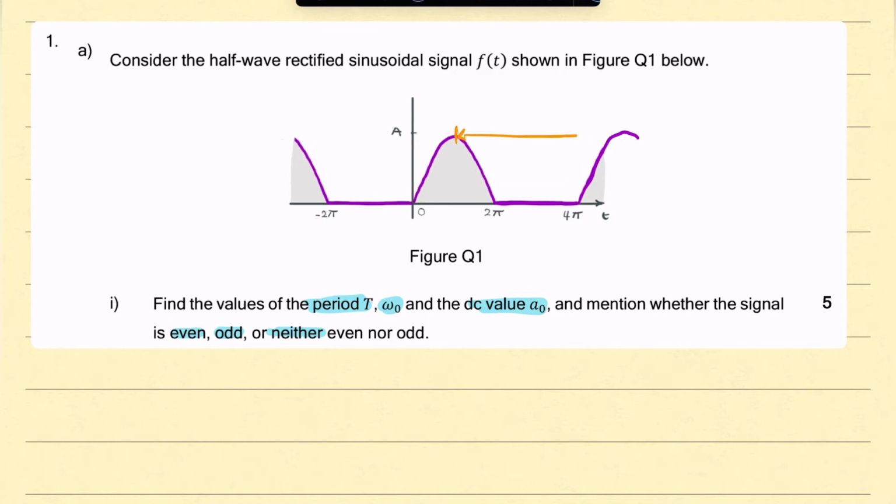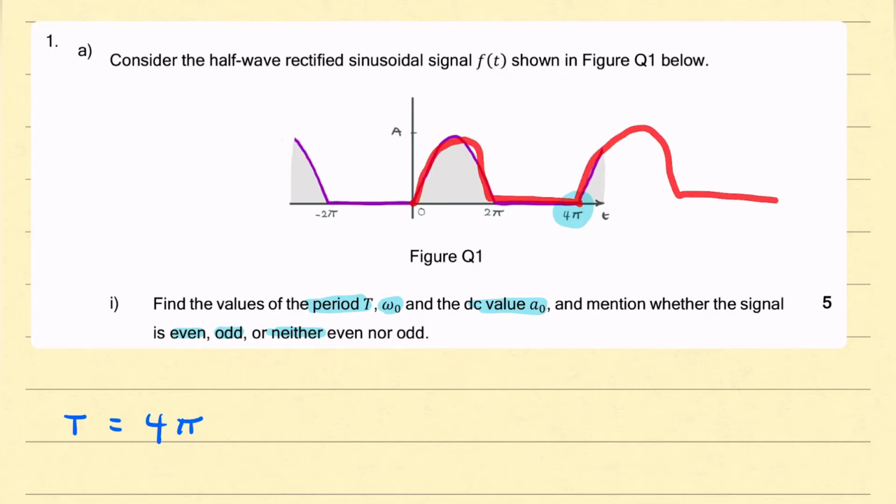So it's this time here, and it's probably easier to measure that from here to here. So the period is clearly 4 pi. So that's the first thing to mention, that T equals 4 pi. So the period repeats every 4 pi.